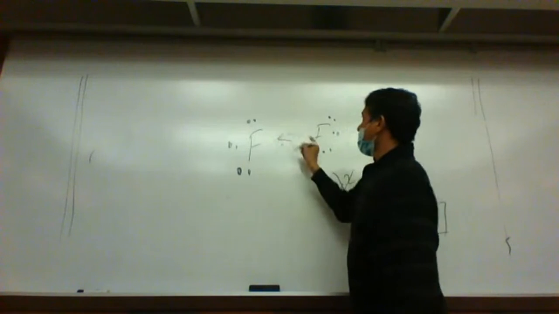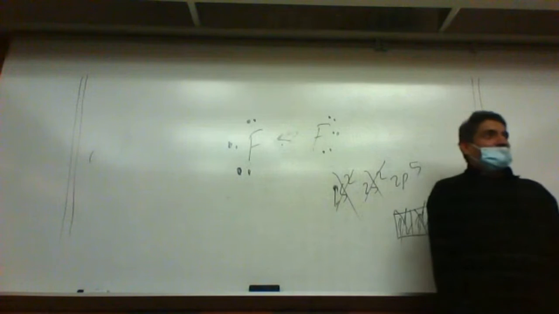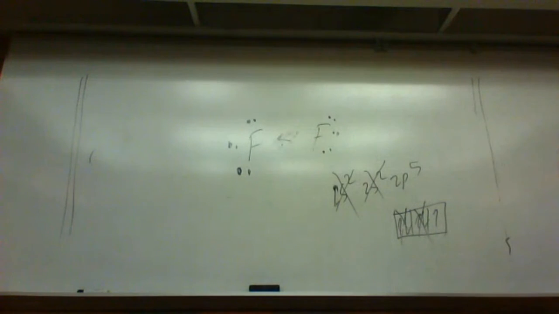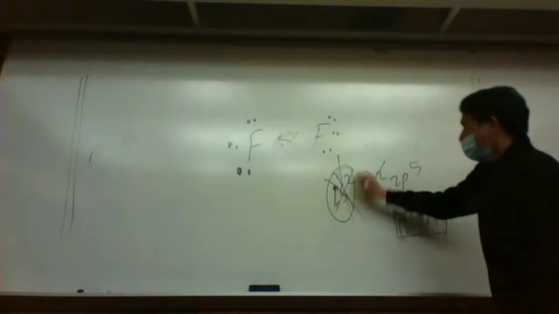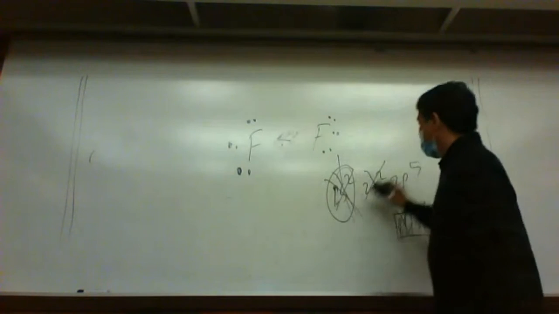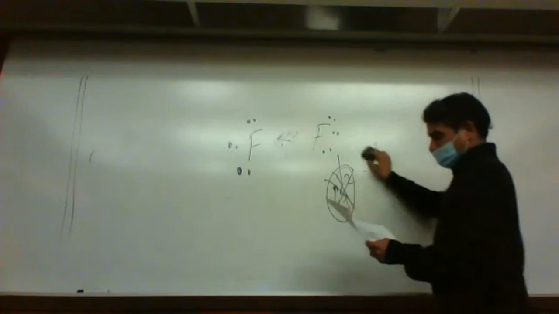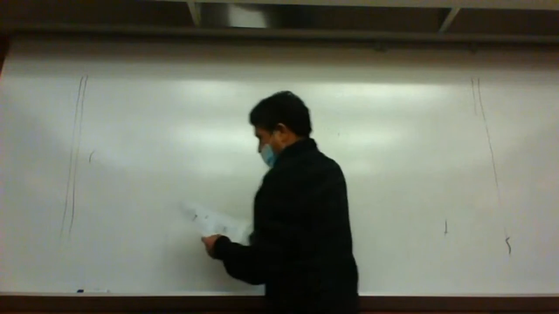So this is one electron coming from here, one electron coming from here. Did I make it clear? It's like that. Good. So these are totally not taking part in bonding. Good.